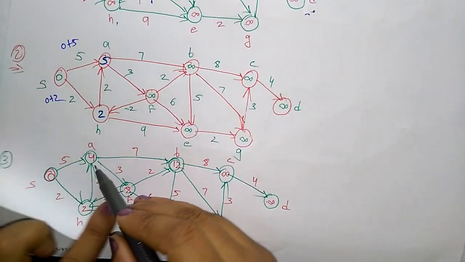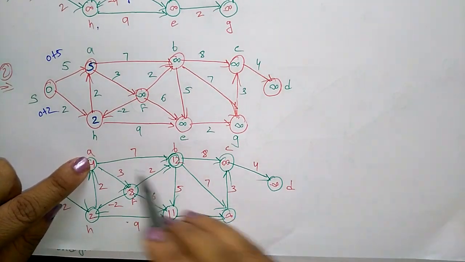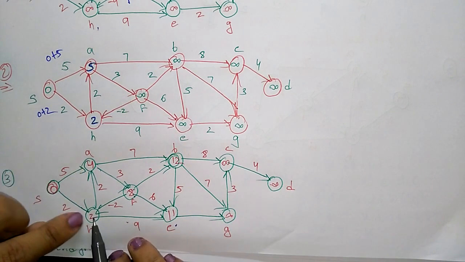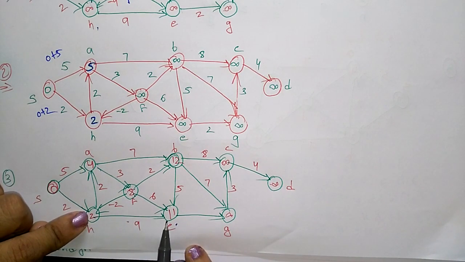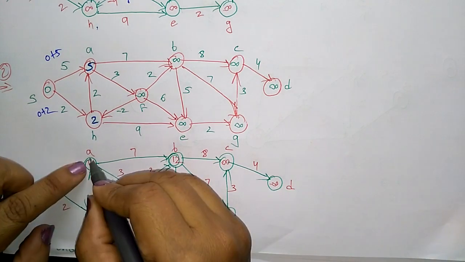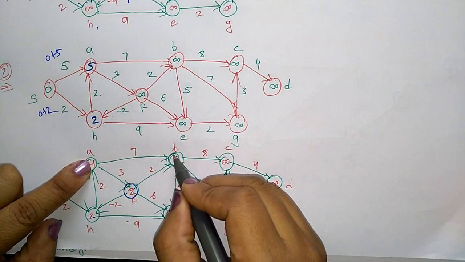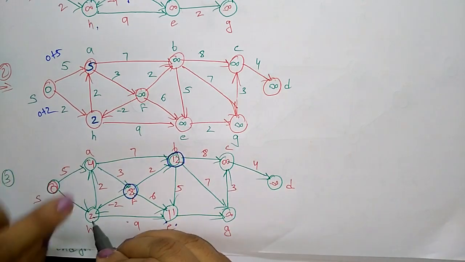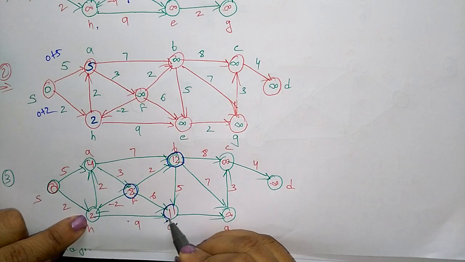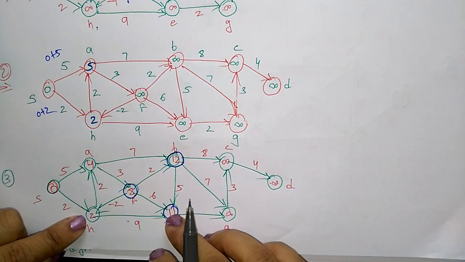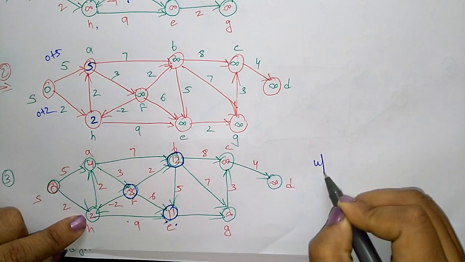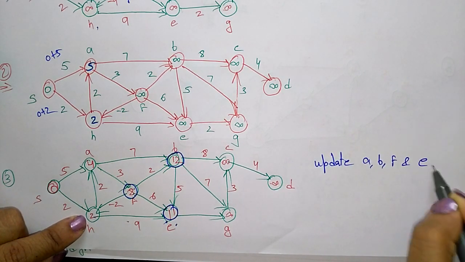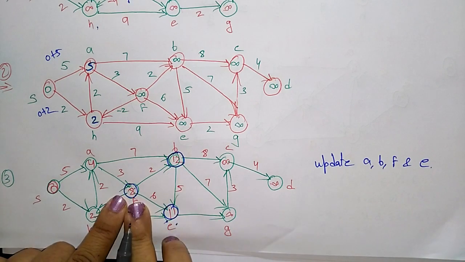Next, the vertices reachable from A are B and F, and you have to take E also because from H it reaches E. So from A, the reaching vertices are F and B, and from H the reaching vertex is E. So these three have to be updated: B, F and E. With what values do we have to update them?